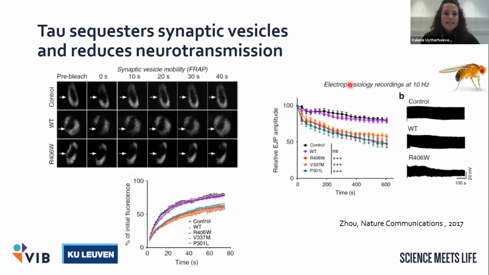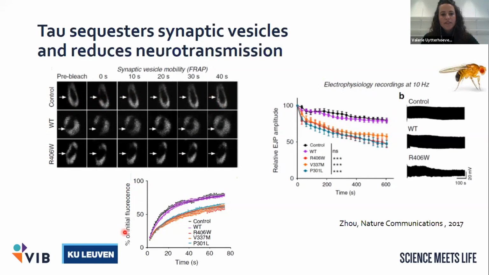And in this assay, we fluorescently label synaptic vesicles. So here you see a bouton containing thousands of fluorescently labeled vesicles. And in this assay, we bleach a small part in the boutons. And we follow then the recovery of fluorescence over time.